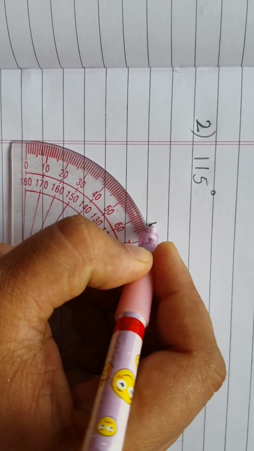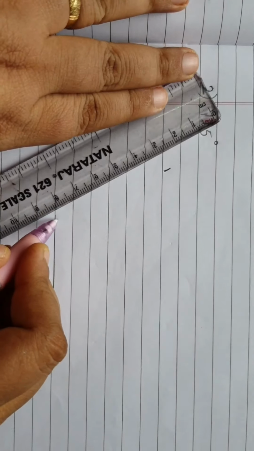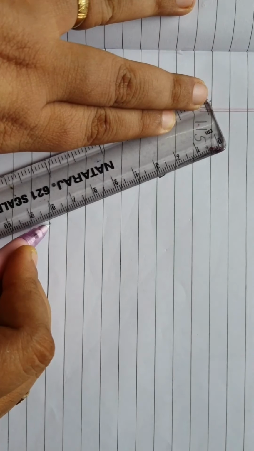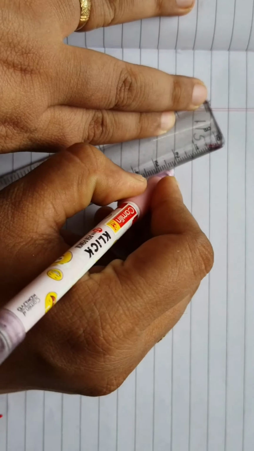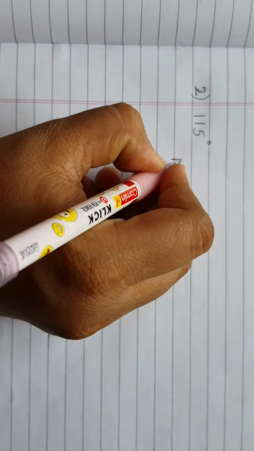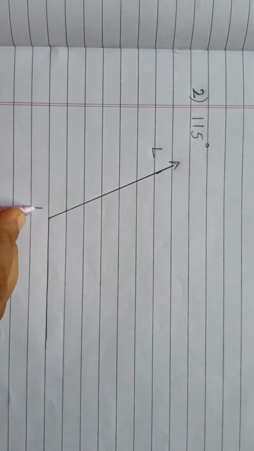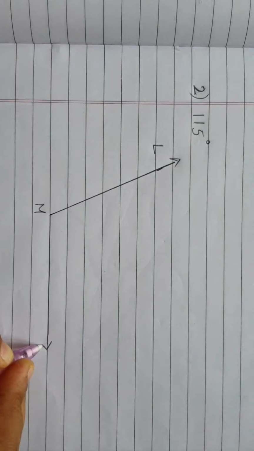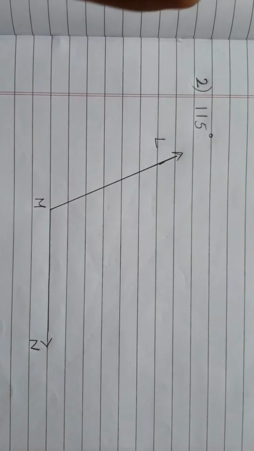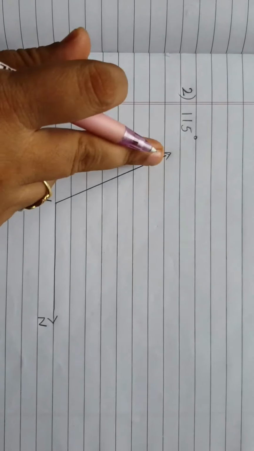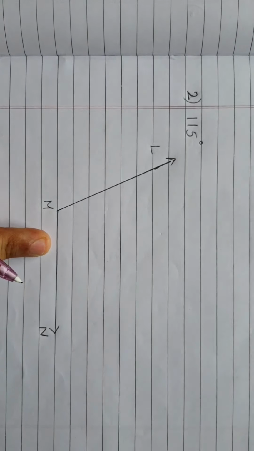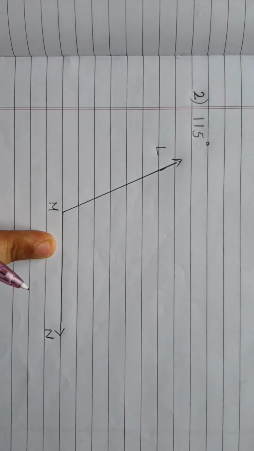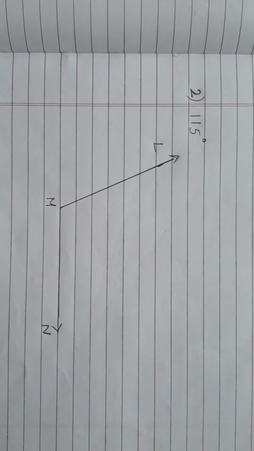So mark here. Now with the scale, join this vertex to this point. This is angle LMN. You can use any letters of your choice to name the angle. Now you have drawn a 115 degree angle. Now you have to bisect it or divide into two equal angles.